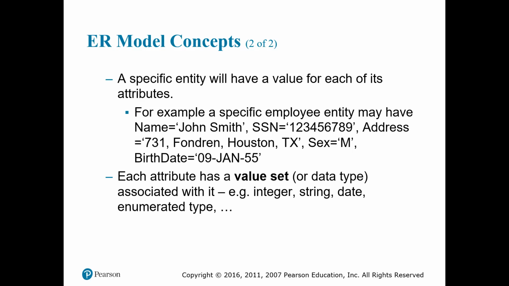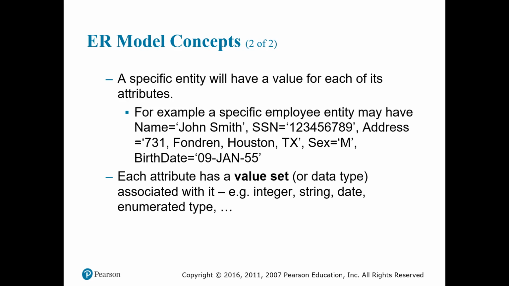Each attribute that describes that entity can have a value set, which is just the range of values or data type. So you can have integer, and that can be further constrained, could be integers between 1 and 5. You can constrain that in your model, and you can constrain it at the database level. Could just be a string, could be a date.